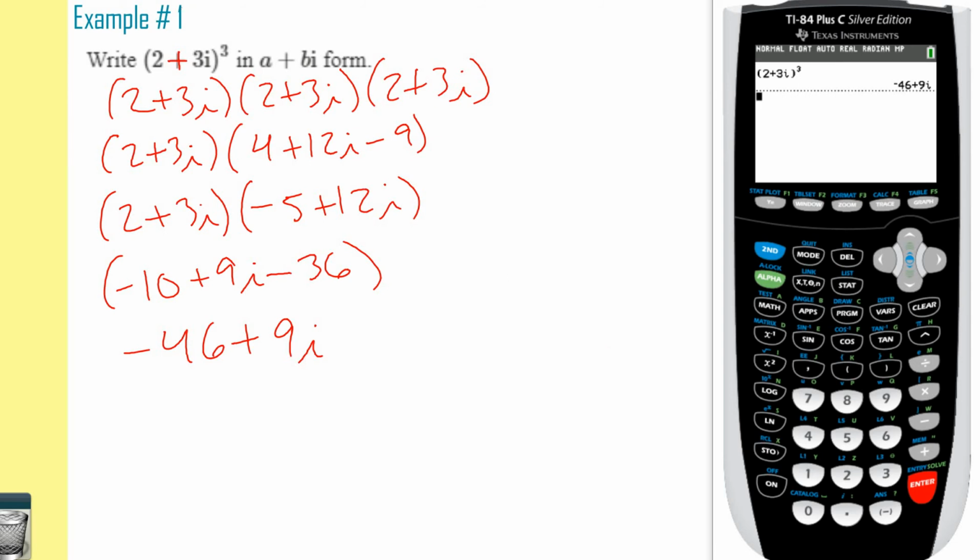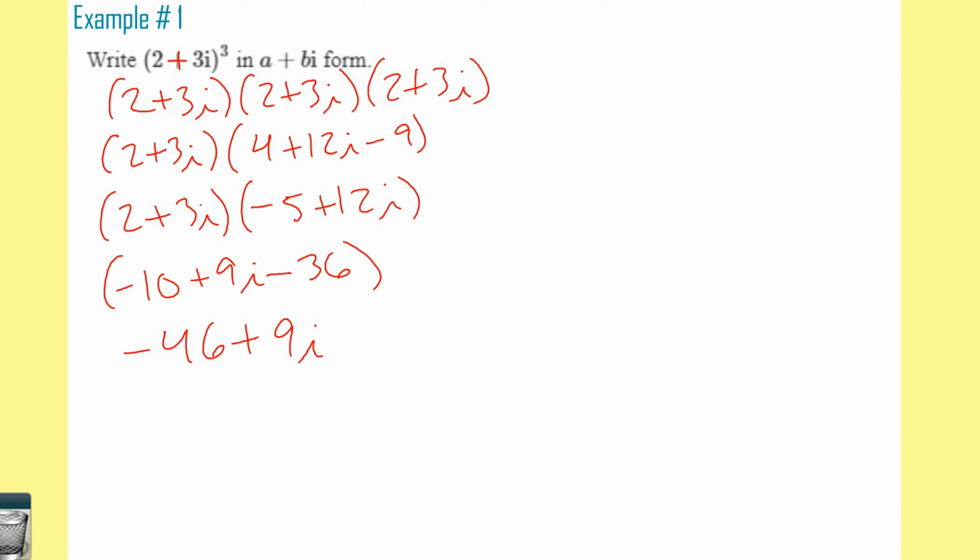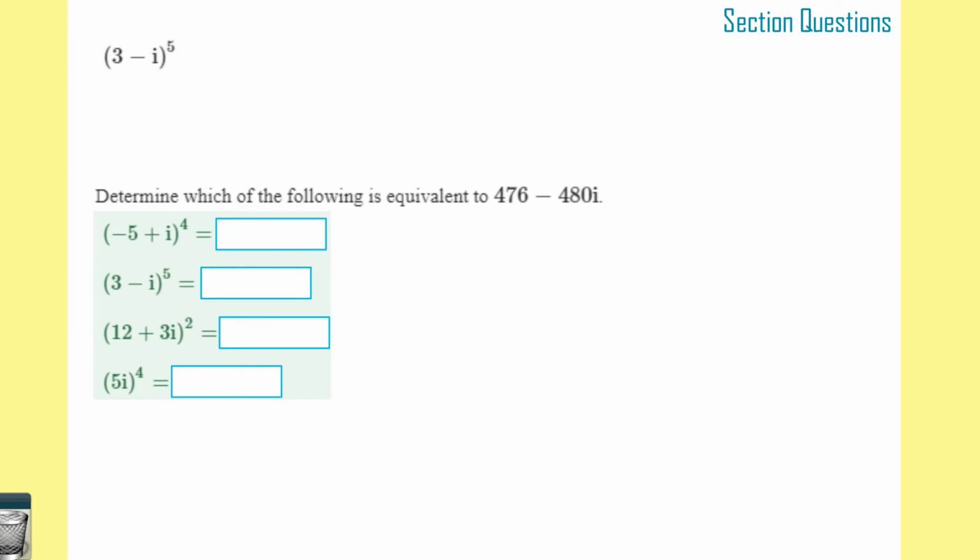Wasn't that handy? So that is how you do it algebraically, and then of course with your calculator. I'd of course opt for my calculator. You can always test yourself algebraically, but really it just comes down to watching your signs and going slowly, trying not to rush through it.